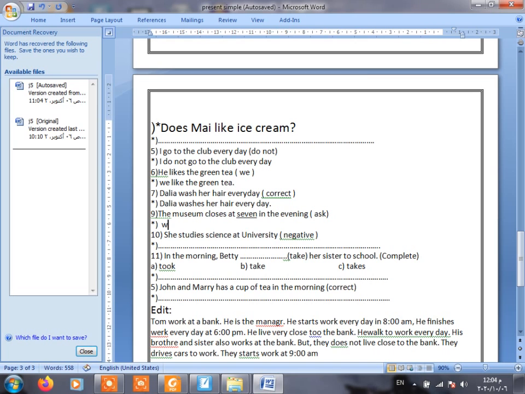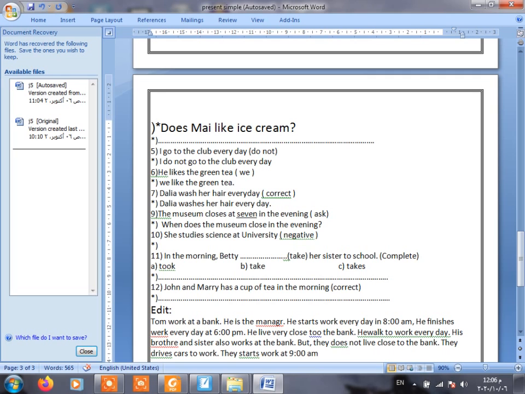So when, when what? The museum is singular, so we use does. When does the museum close? Not closes, because we use the verb in the infinitive. So the question would be: when does the museum close in the evening?